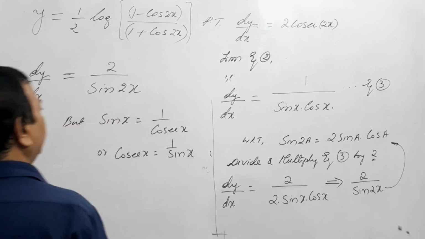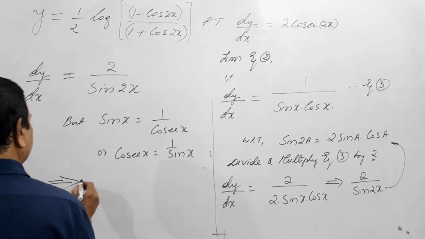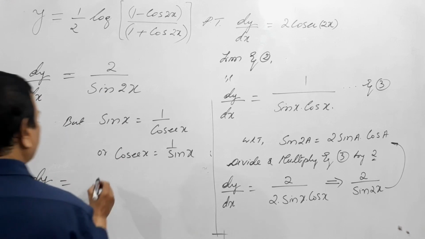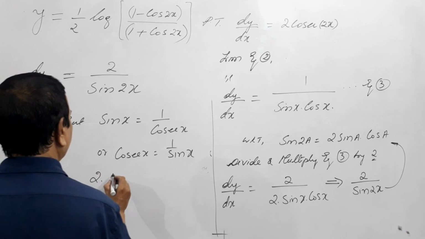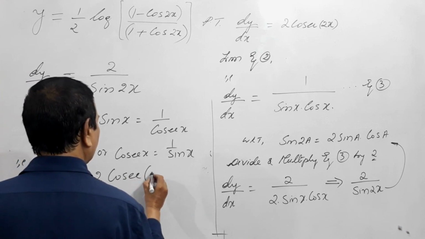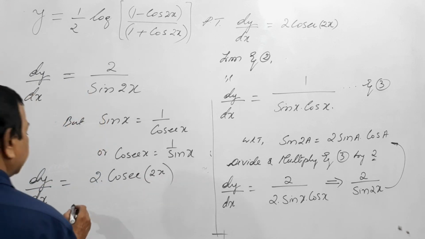So what happens to this? dy by dx equals 2 into cosecant 2x, hence proved.